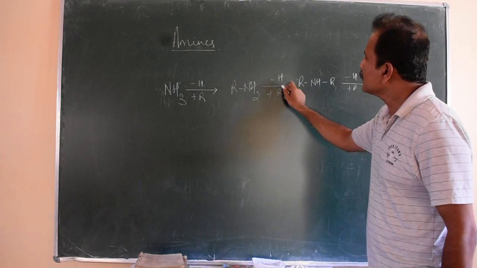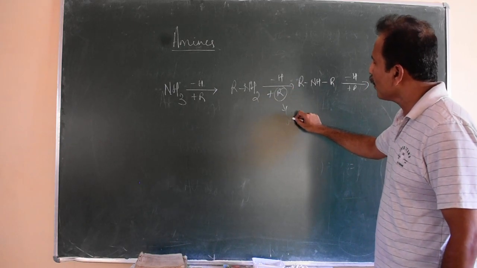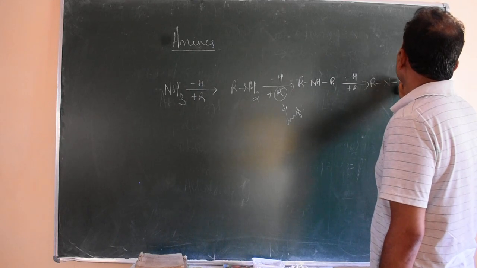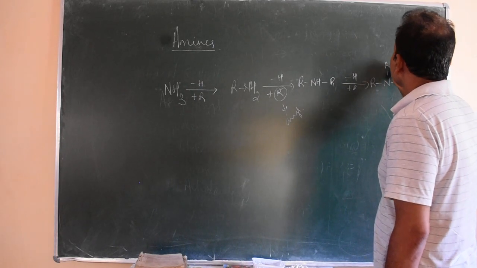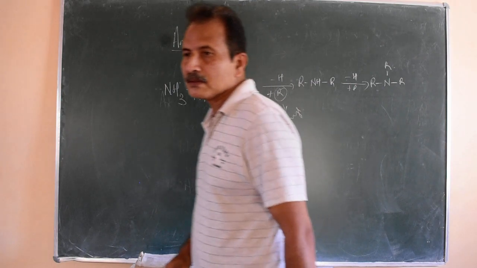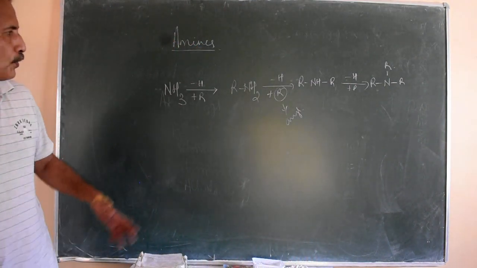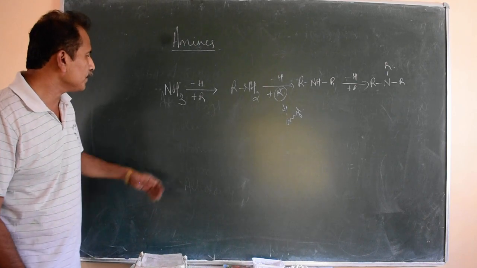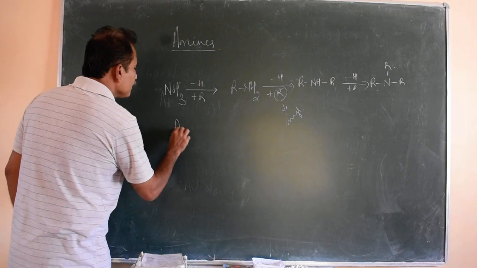Now this can be aryl also. You get R dash N dash R dash R. So like this, you can derive them from ammonia molecule by replacing one or more hydrogens with alkyl or aryl groups. Therefore, you can call them derivatives of ammonia.